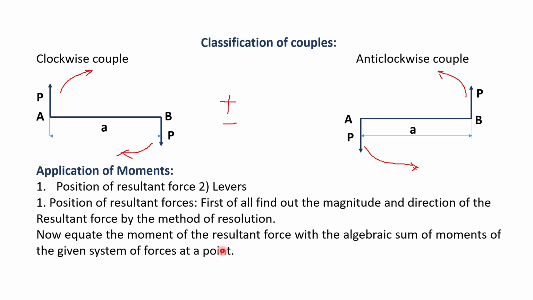So we are applying the Varignon principle to locate the position of the resultant. It will be clearer to you while solving problems related to support reactions and beams. There we need to locate the resultant on the beam, and for that we apply the Varignon principle of moment.